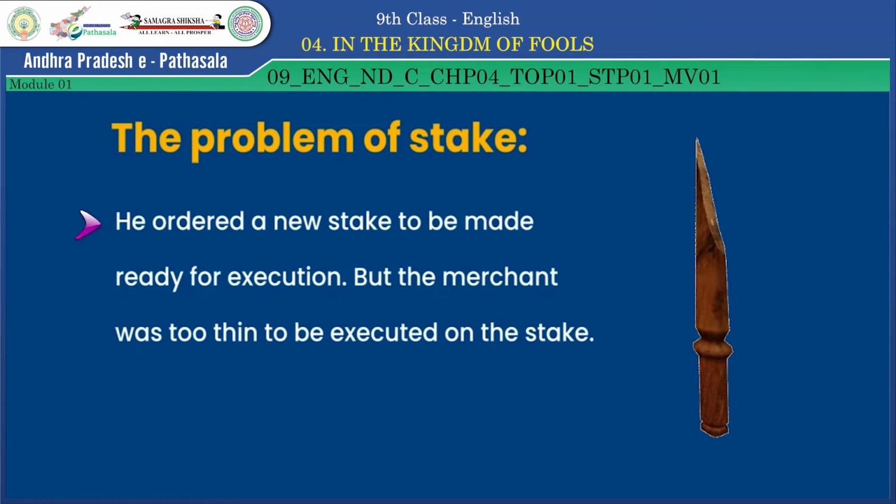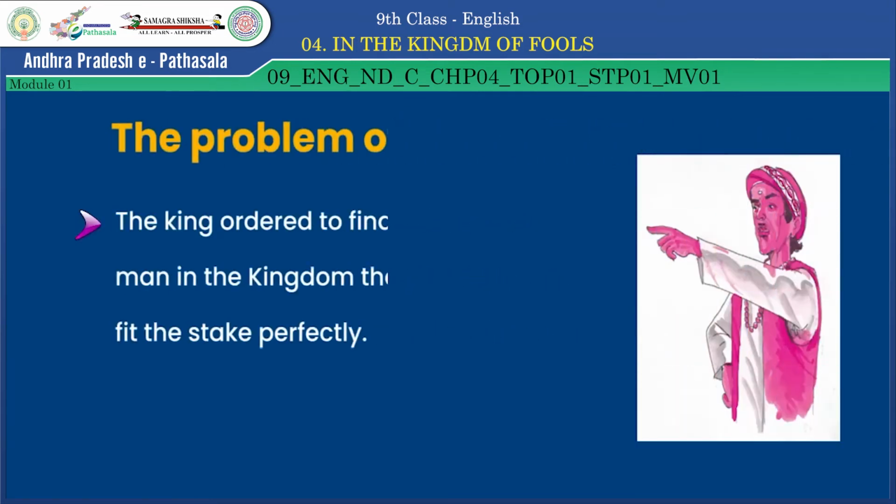He was brought to the king's court and the king found him appropriate and announced the punishment that he was to be executed on the new stake. The disciple shook with fear and he recalled the Guru's words that it was always dangerous to be with fools. Then he prayed to the Guru to come and rescue him from death.